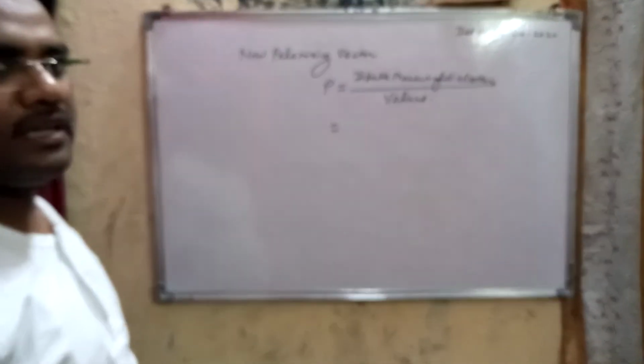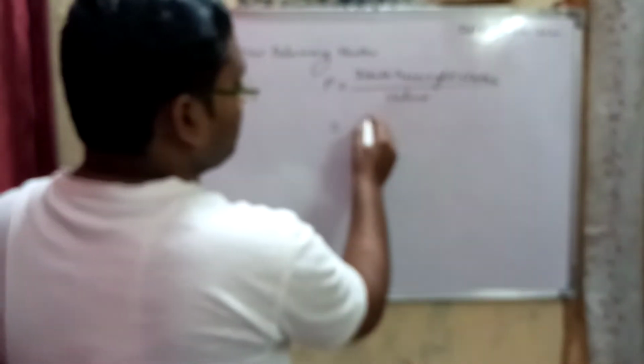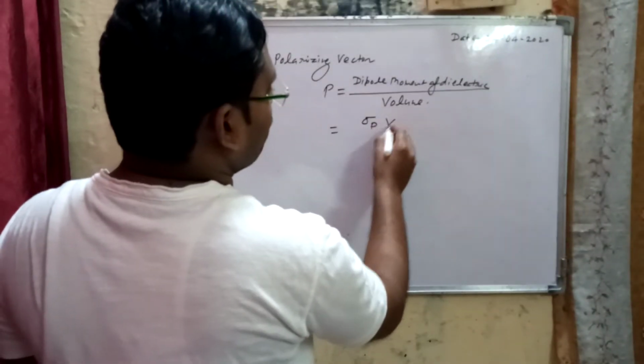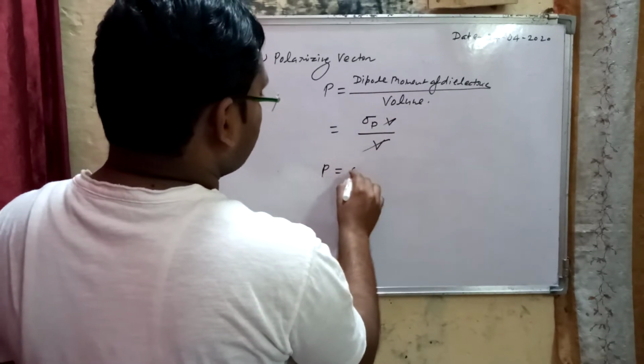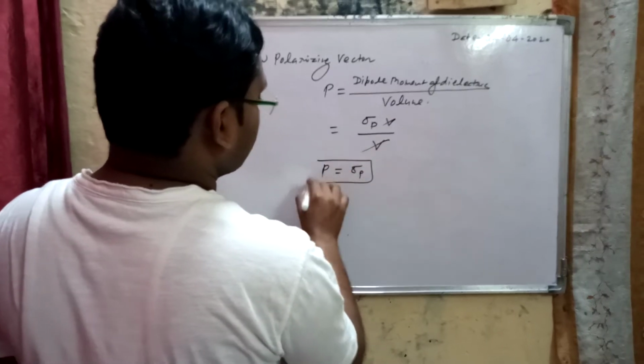What is the dipole moment of the dielectric? The dipole moment of the dielectric is sigma p into V, divided by V. V and V here cancel. That means P is equal to sigma p.